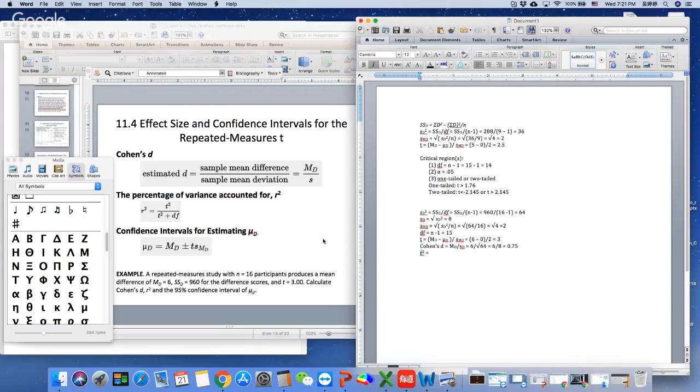Okay, let's go back to this question. Now we are going to compute the R square.